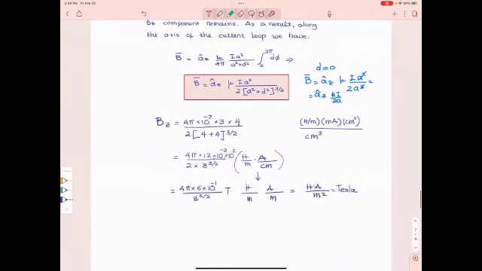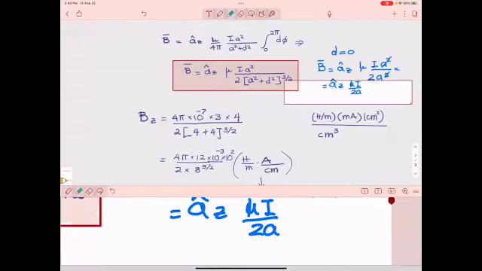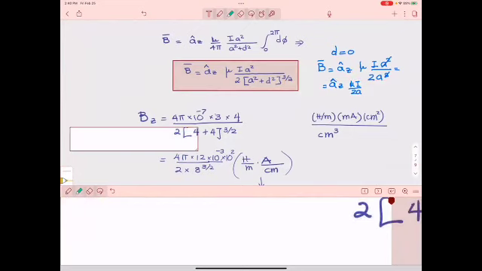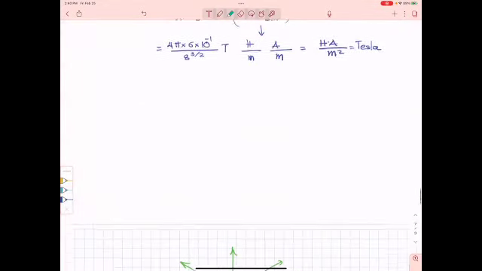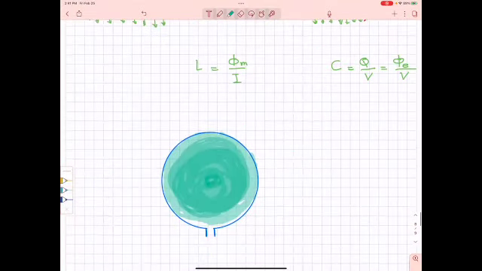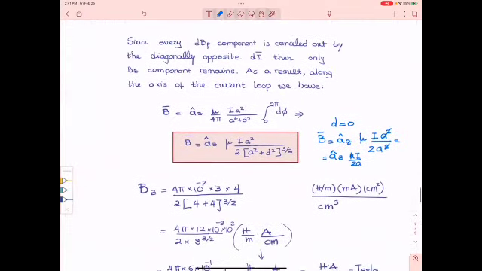So if this is at the center of the loop, it's mu I over 2a. Now my flux is going to be, did we say 2a? Does it have a pi? Let me think.